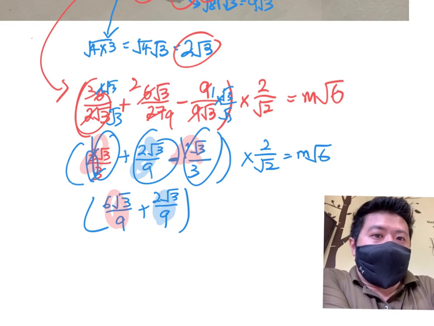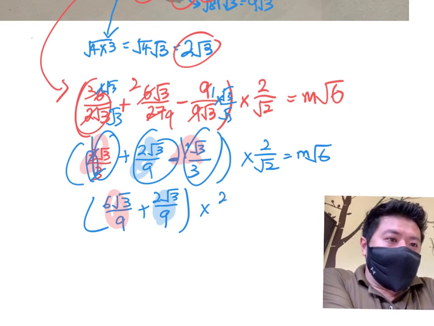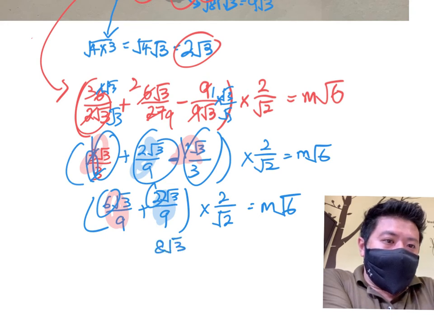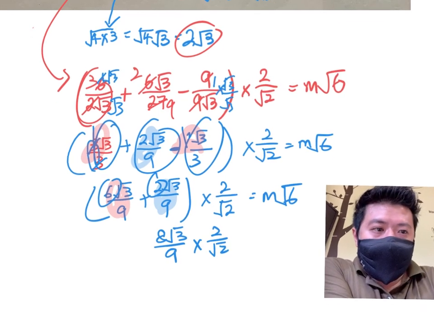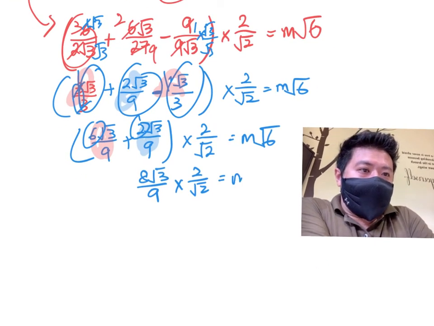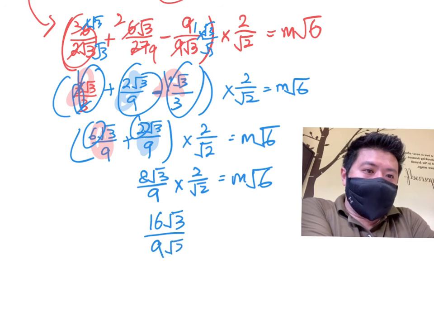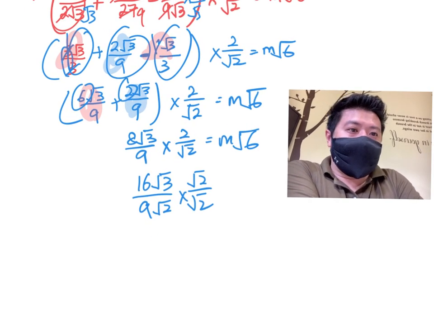Then this is multiplied with 2 over square root 2, equals m square root 6. 6 and 2 give me 8 square root 3 over 9, multiplied by 2 over square root 2, equals m square root 6. This will give me 16 square root 3 over 9 square root 2. Now I multiply by square root 2 over square root 2 to rationalize my denominator.